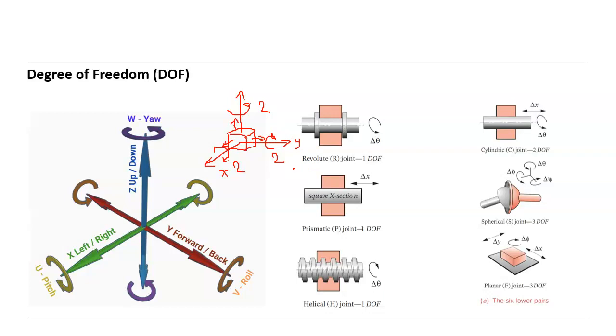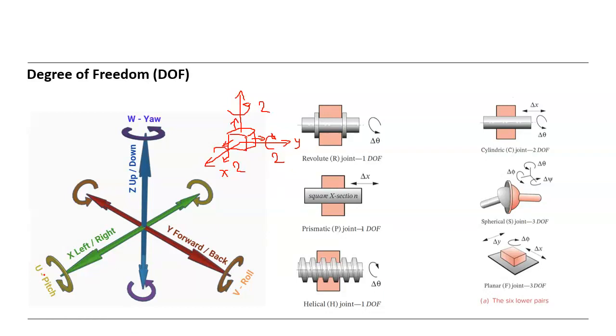That means any object in space has 6 degrees of freedom. And 3 of them are rotary motion, rotation, and 3 of them are linear motion, that means translation. 3 rotation and 3 translation. And you see it here.